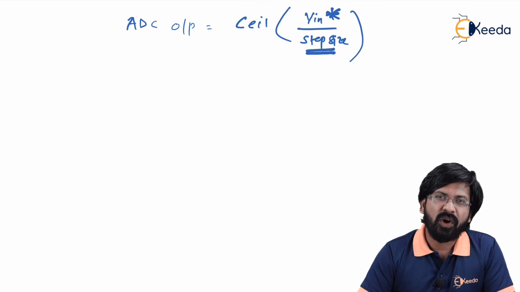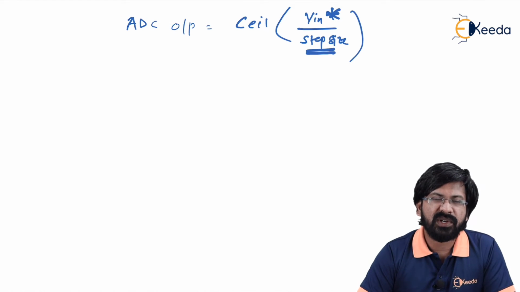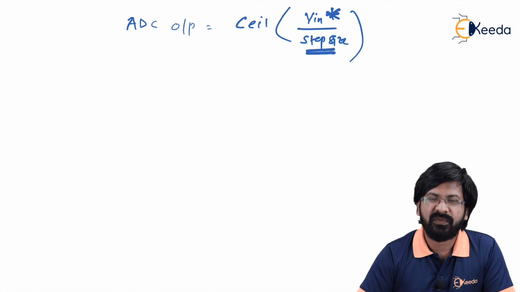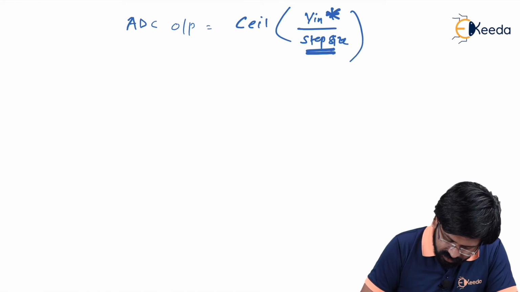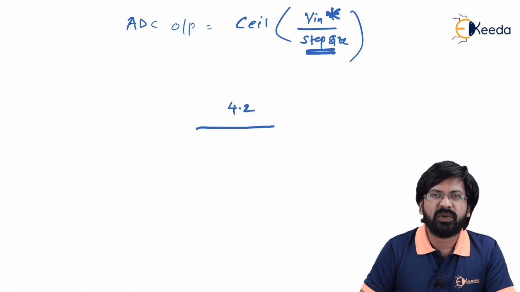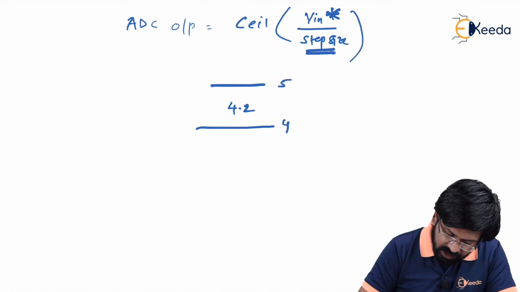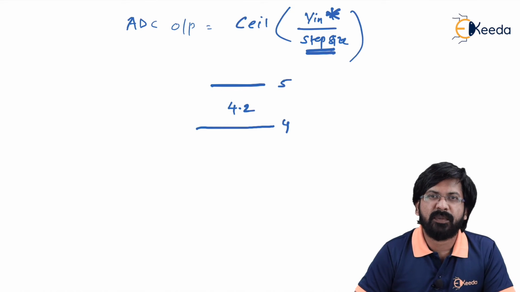Actually, to approximate the final answer, you have two types of function. One is called the Ceil function, the other is called the floor function. Ceil function refers to the word ceiling, and floor function refers to the word normal floor. For example, if you have data as 4.2, then 4.2 lies between two integers, that is 4 and 5. If I take the Ceil function, then I have to refer to the above value.